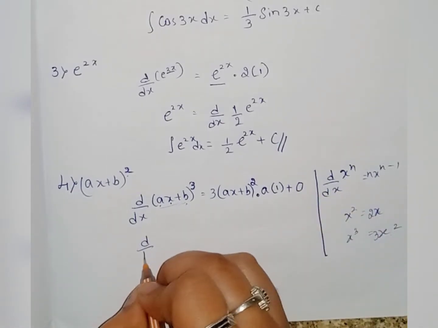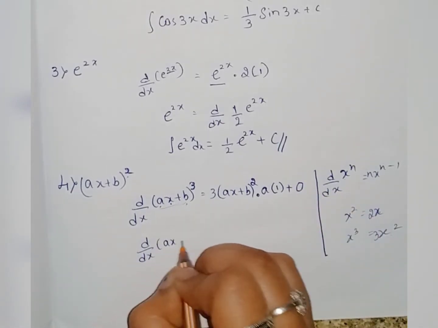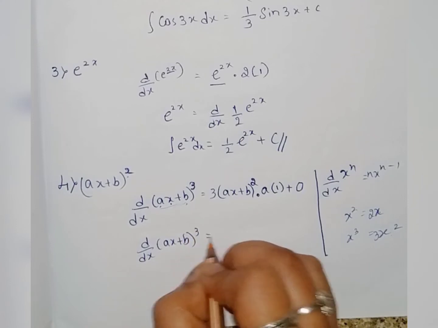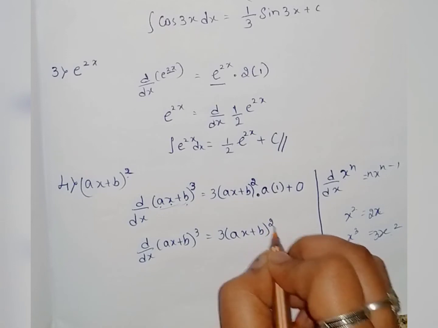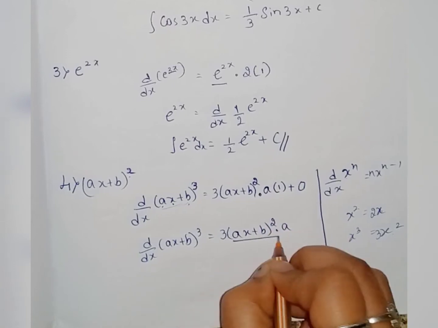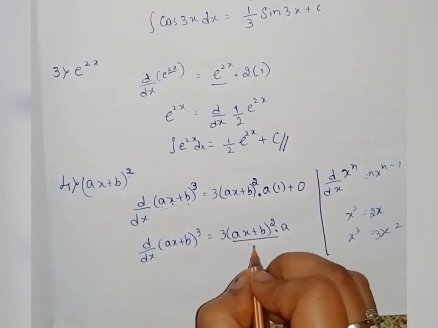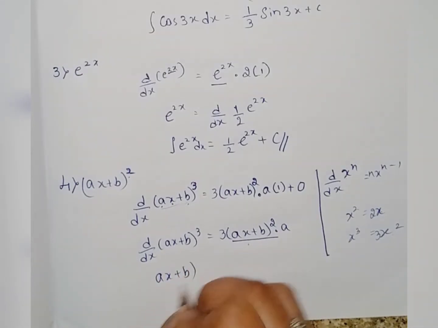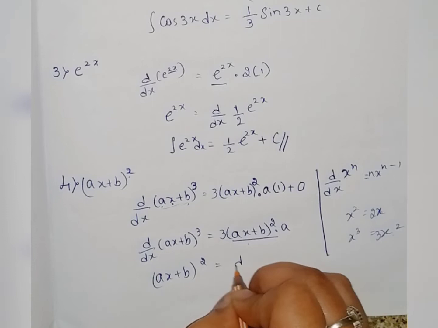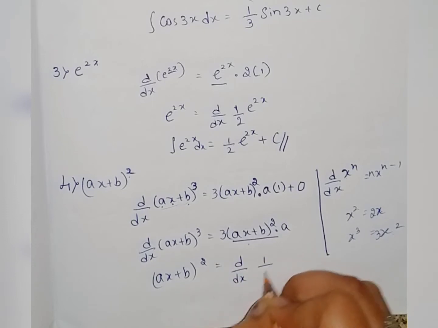So d by dx of ax plus b the whole cube is equal to 3a into ax plus b the whole square. We just need ax plus b the whole square, so take all other terms to the other side. Ax plus b the whole square is equal to d by dx of 1 by 3a.